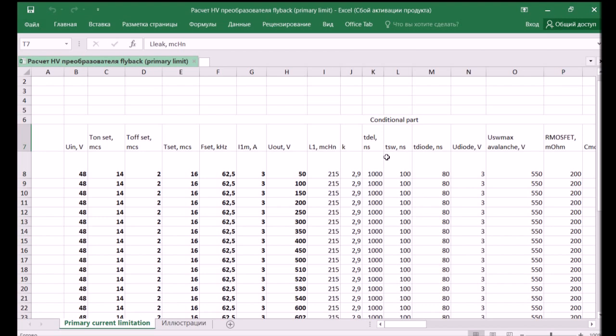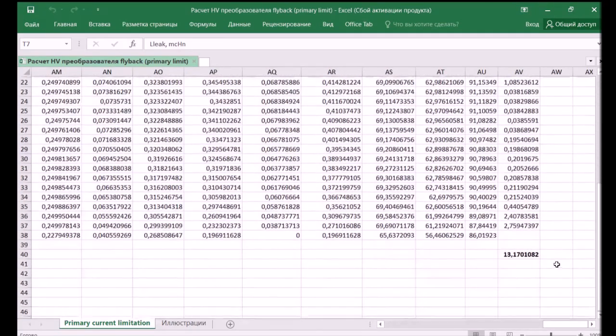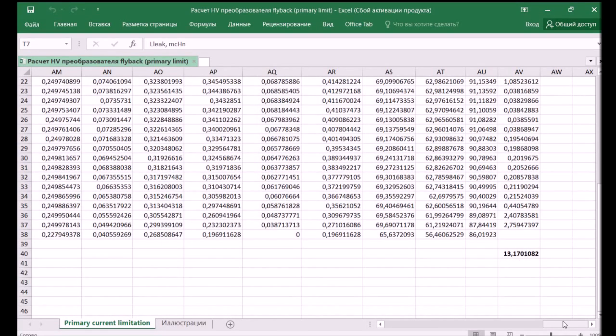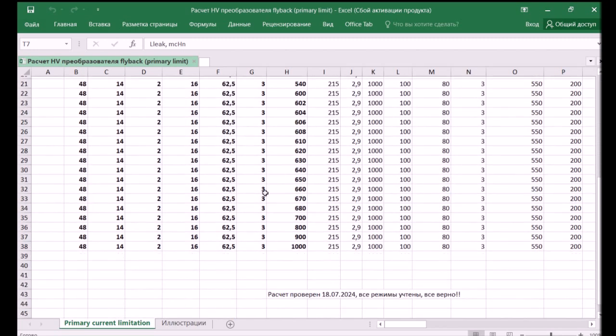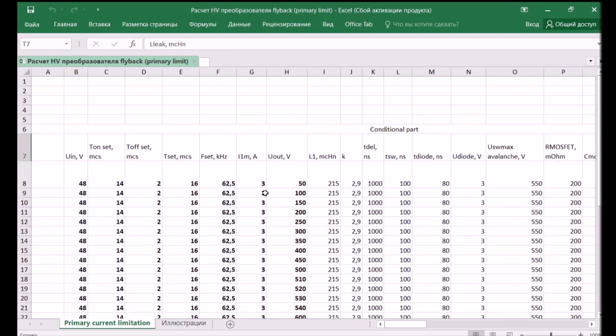It also takes into account parasitic elements, but to charge a capacitor, as we can see here, it takes 13 seconds and our period is 16 microseconds. So in our case it takes nearly 1 million cycles. It's a very long time if you don't have a supercomputer.